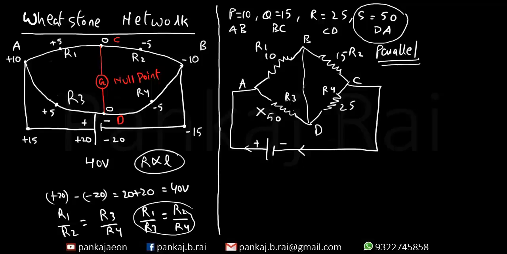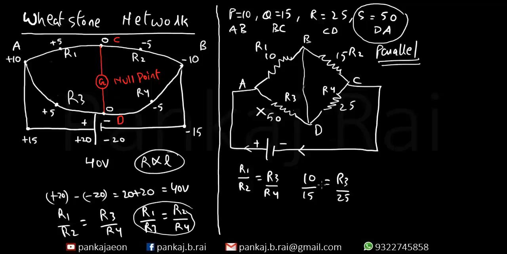Okay, so we can find it by using the formula that R1 upon R2 is the same as R3 upon R4. So R1 is 10, R2 is 15, R3 we do not know because we have to find what should be the value for the network to be balanced, and R4 is 25.